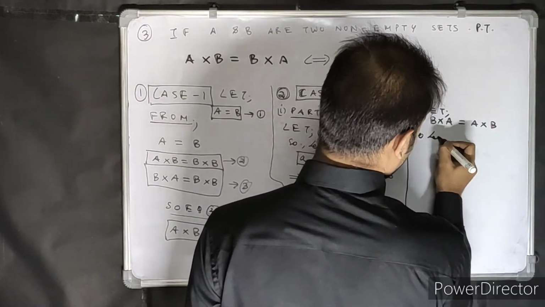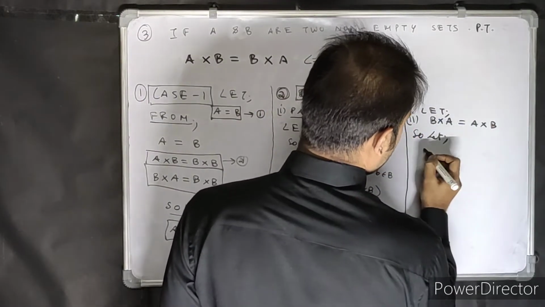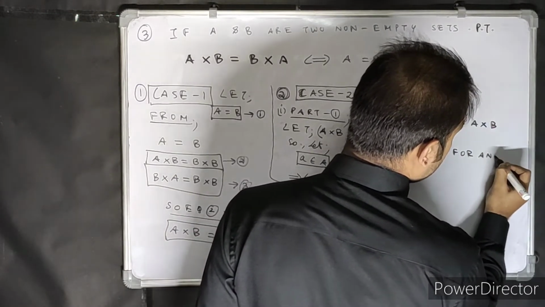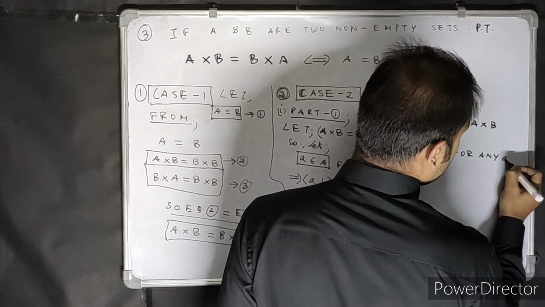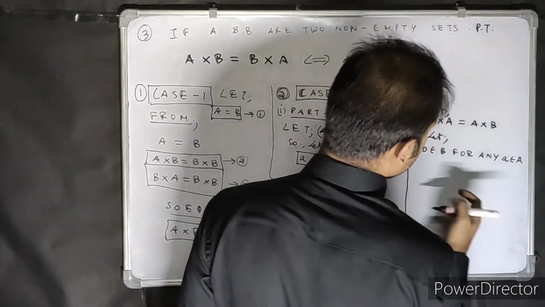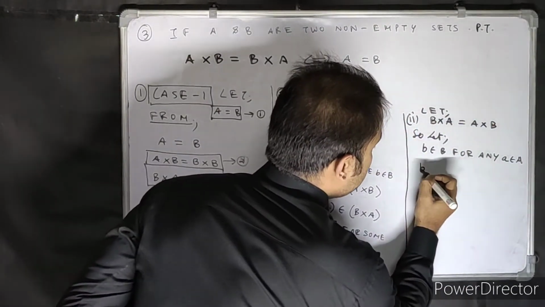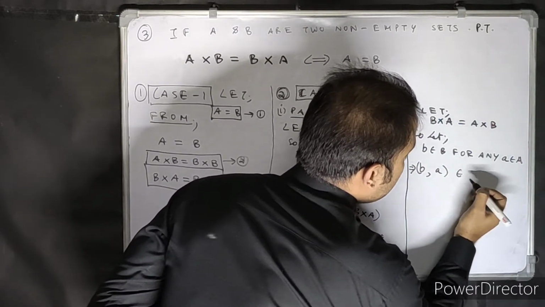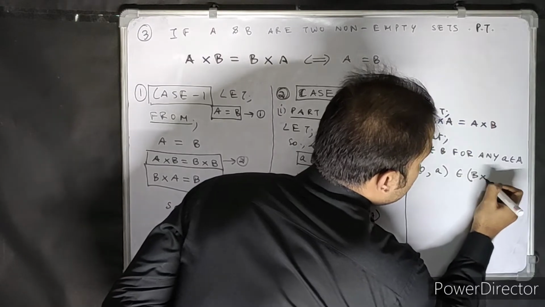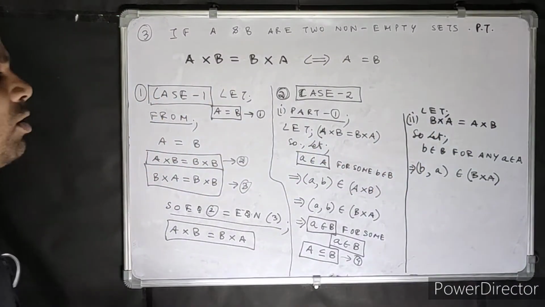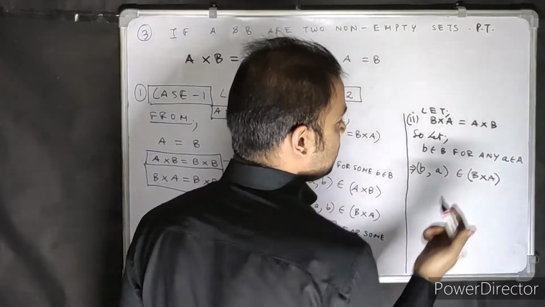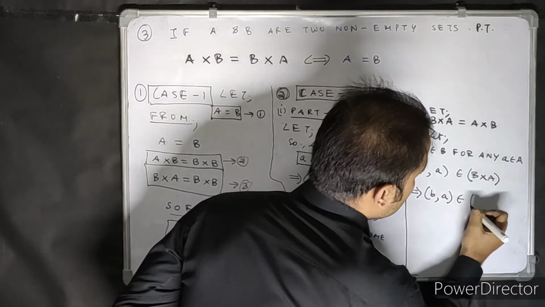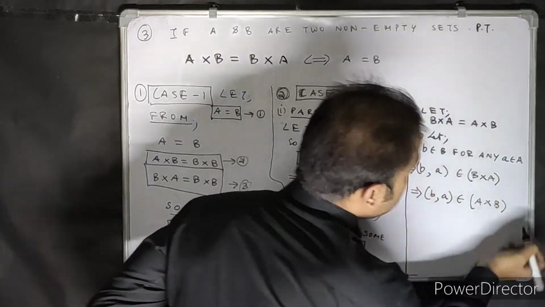Now you have to write, so let b belong to B for any a belonging to A, because we have to start with this. That means (b, a), of course, (b, a) belongs to B cross A. If it belongs to B cross A, that means it belongs to A cross B also. So you can write (b, a) belongs to A cross B also.